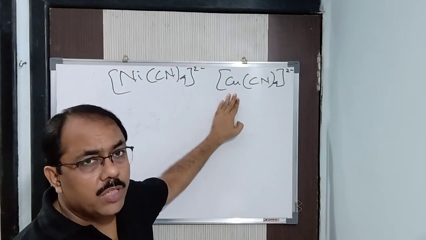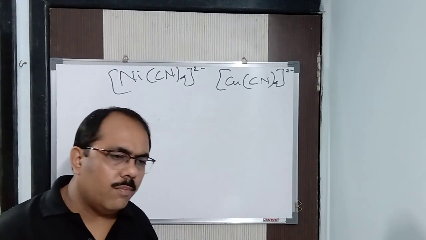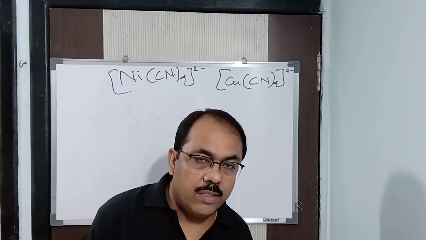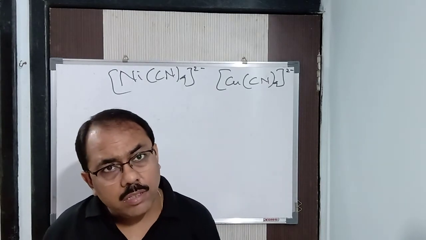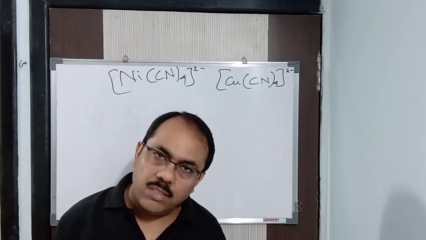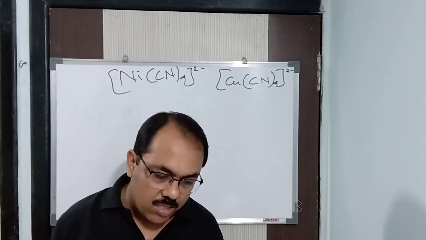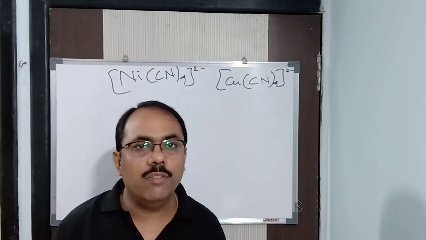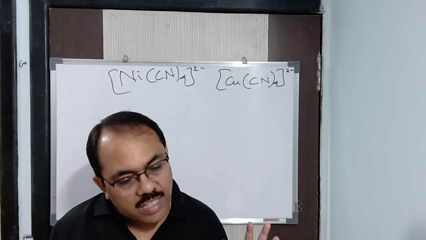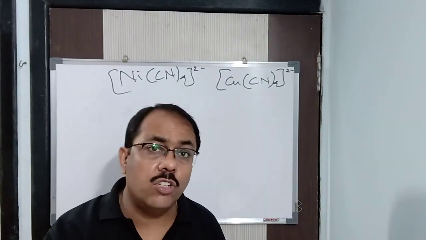When you write the electronic configuration for 28 and 29, you will see the d subshell coming in it. Suppose you take a molecule like oxygen, does it have a d subshell? No. Then how will it show dsp2 hybridization? So use common sense. You will come to know the answer. Hence only those atoms will show it which contain at least a d subshell, or at least it should have a vacant d subshell. Then also it is possible.